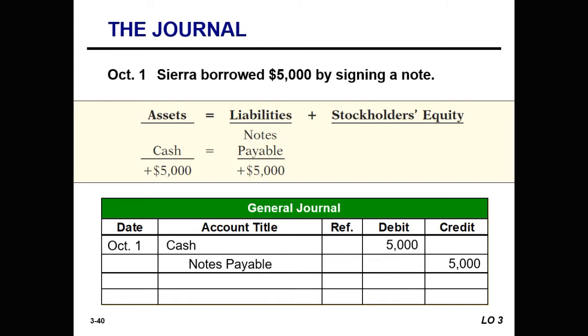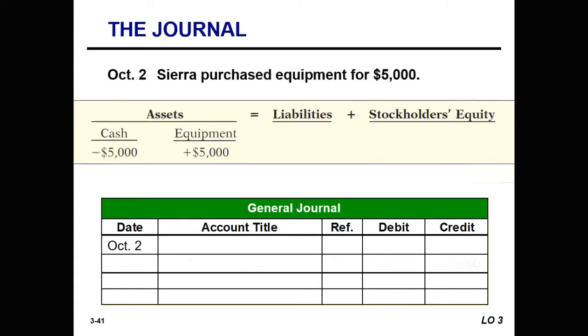Now let's look at another situation, the one where we purchased equipment for $5,000. We still start the first line with a debit. Now we're on October 2nd, so you see that our date has changed. And we enter the debit part of this.